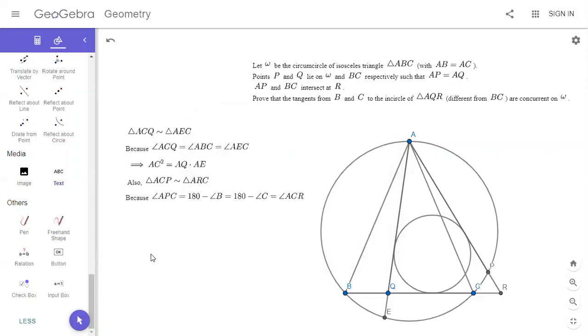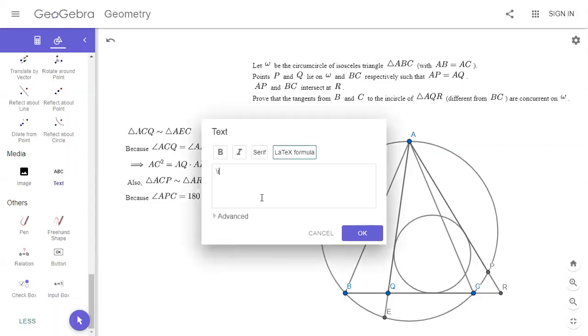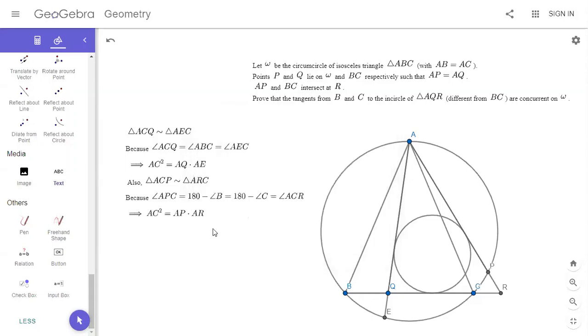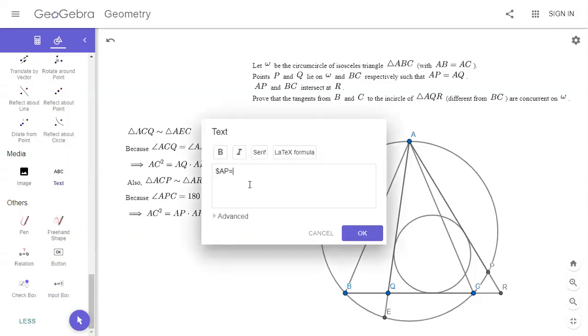All right. So that means we have AC squared is AP times AR. And so since AP equals AQ, then AE equals AR.